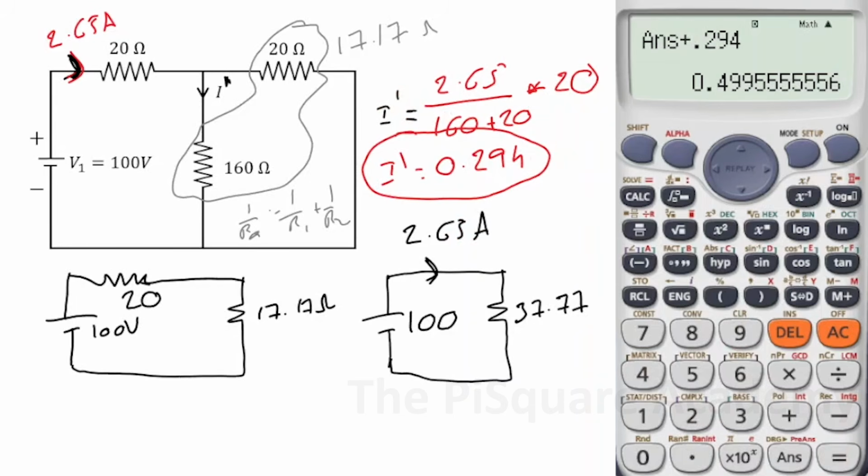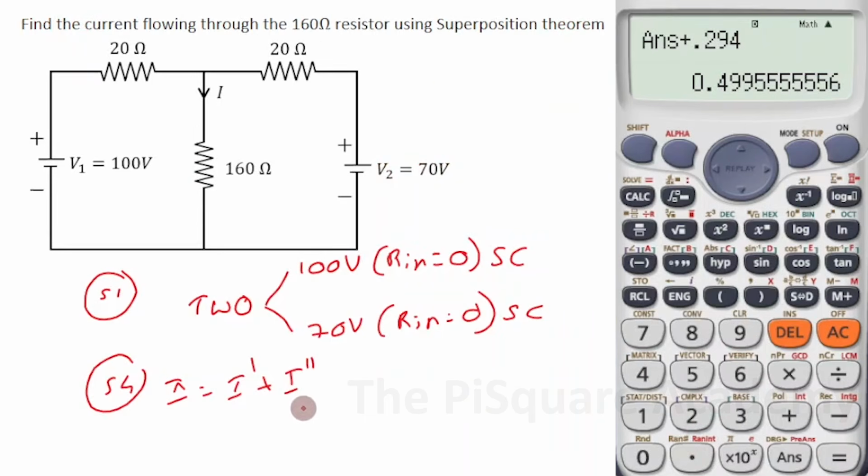You'll get the answer as 0.499, which means 0.5 ampere. So the current flowing in this is 0.5 ampere. The objective is to understand the superposition theorem also. I hope you got the superposition theorem as well as the answer. Understood? Good.